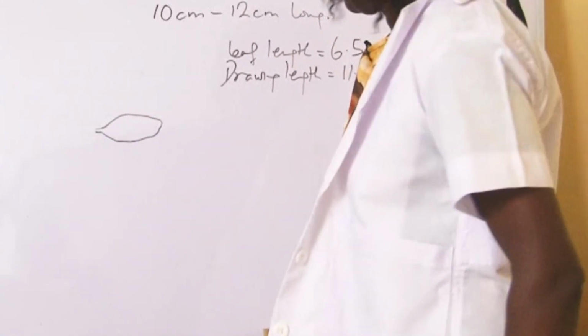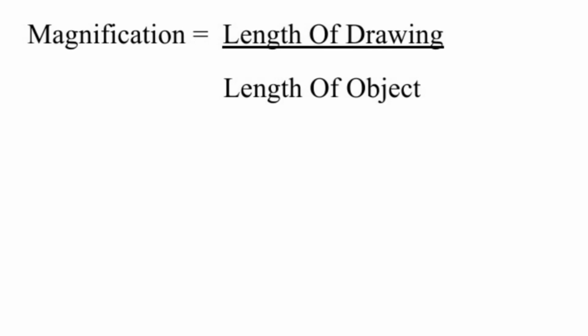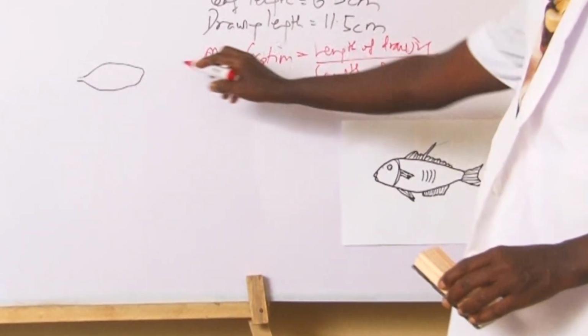On my drawing, I have to put on the magnification. This is how we work the magnification: magnification equals length of drawing divided by length of object. In this case, the object is the leaf we have drawn.